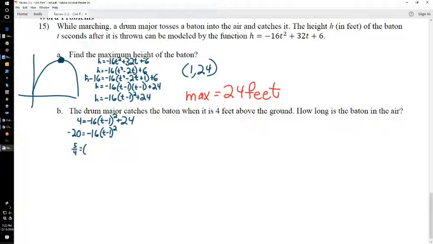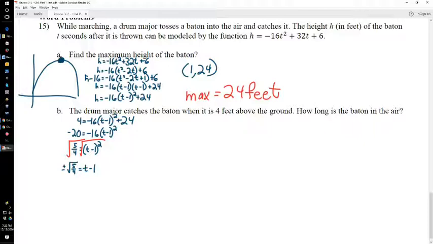Equals t minus 1 squared. To get rid of the squared, we simply square root both sides. That'll cancel out the squared. And I've got plus or minus the square root of 5 over 4 equals t minus 1.